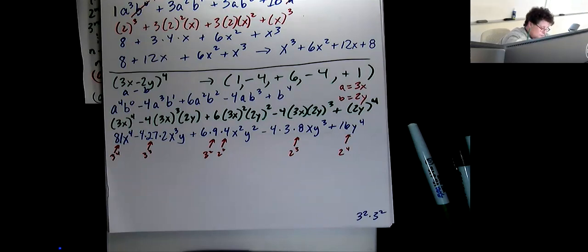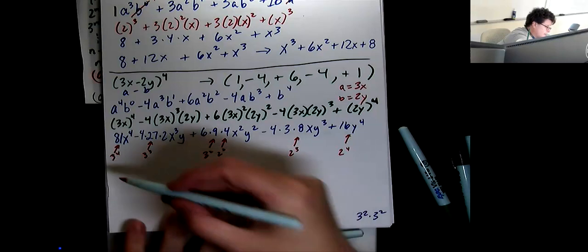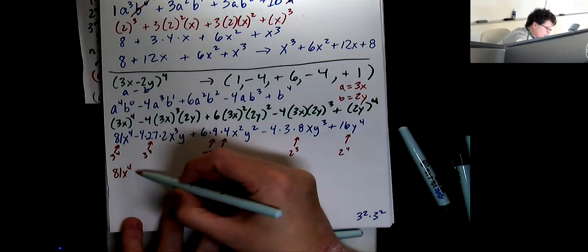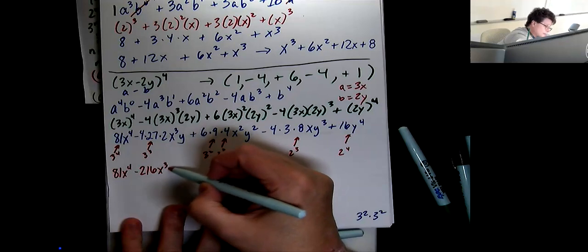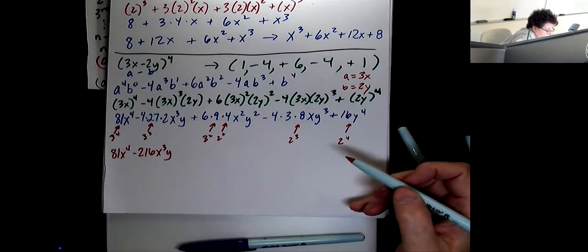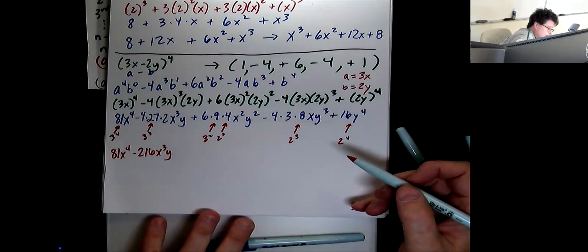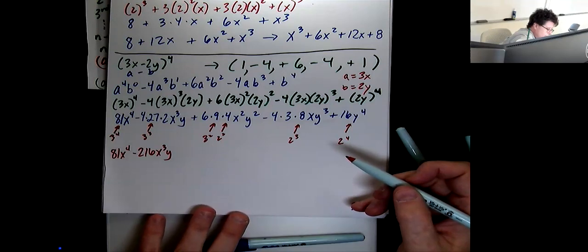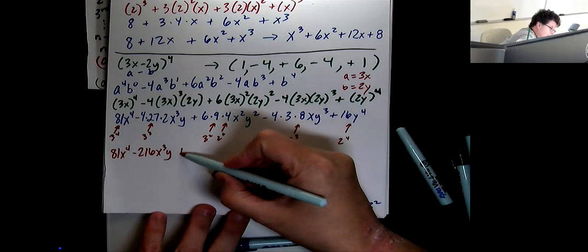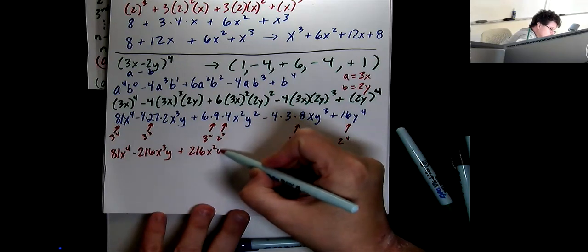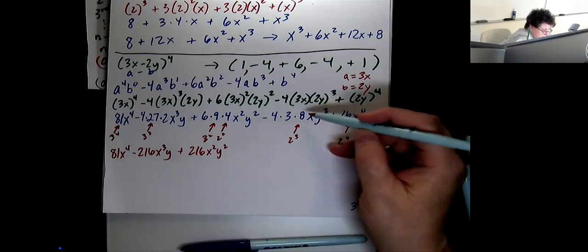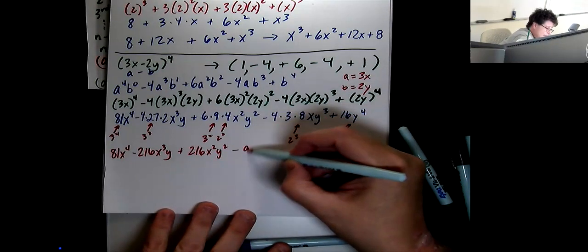And then we double that, that's 216. So we should have 81x to the 4th minus 216x cubed y. 9 times 6 is 54. Is this another 216? It might be. Yeah, 216 x squared y squared, that's convenient. This is 24 times 4 is 96.